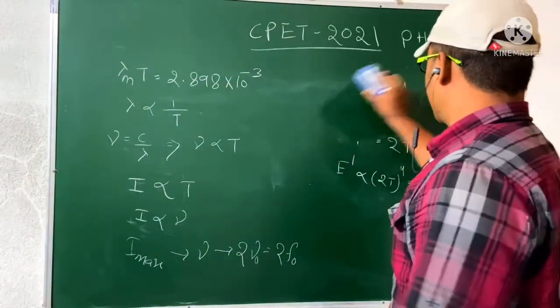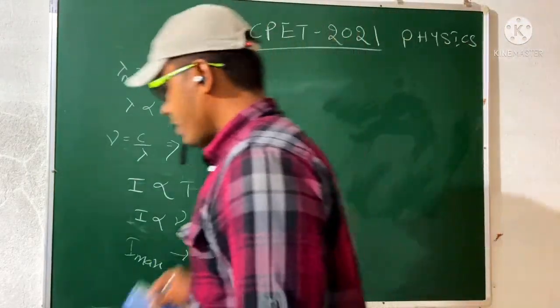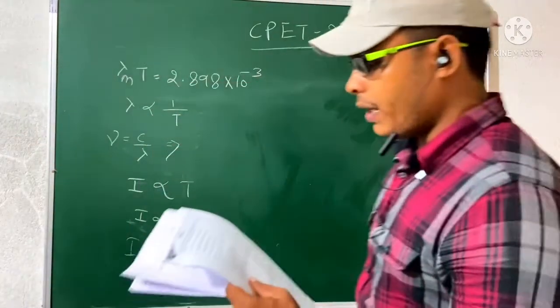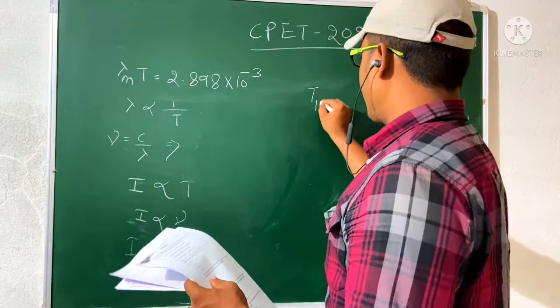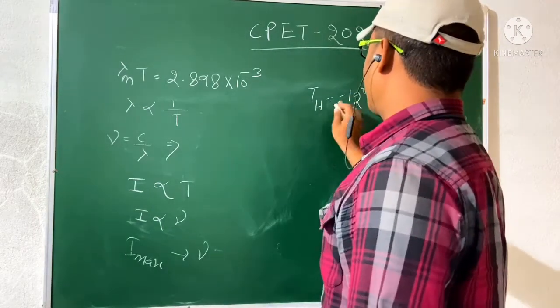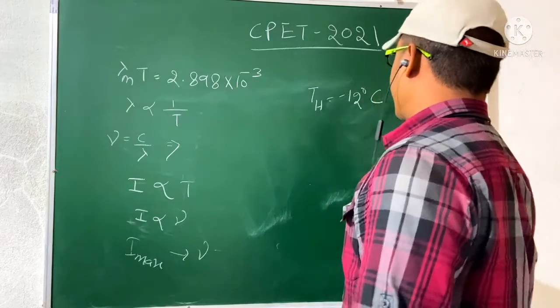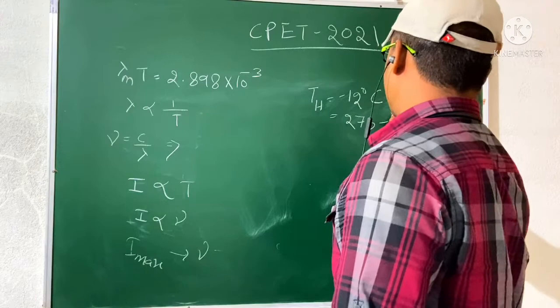So this is a direct question, you can solve this correctly. What he is saying is that your freezer point is minus 12 degrees Celsius. So he has given the Th value, that is minus 12 degrees Celsius. And when you convert this to Kelvin, what happens in the Kelvin case? That will be 273 minus 12, right?